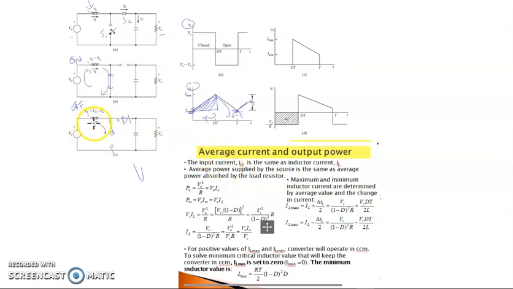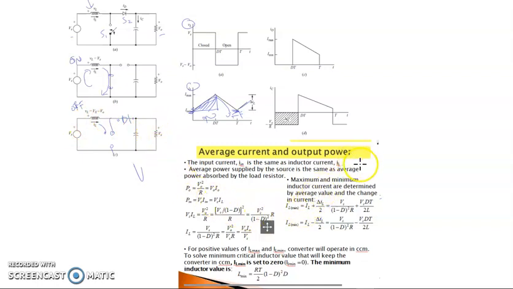The average power absorbed or supplied by the source is the same as the average power absorbed by the load resistor. The power delivered is the same as the power received by the load, because the inductor, capacitor, as well as the diode here we assume as ideal, so they do not consume any power. So whatever is delivered is absorbed or consumed by the resistor, the load.